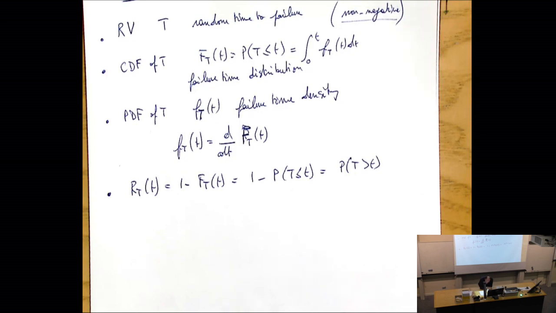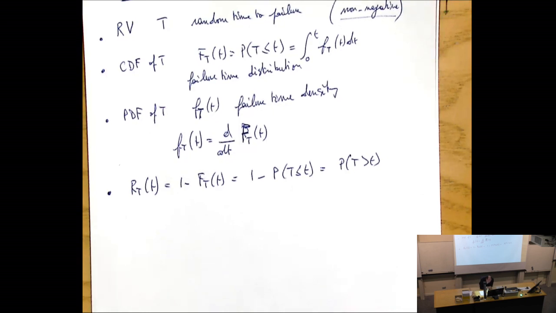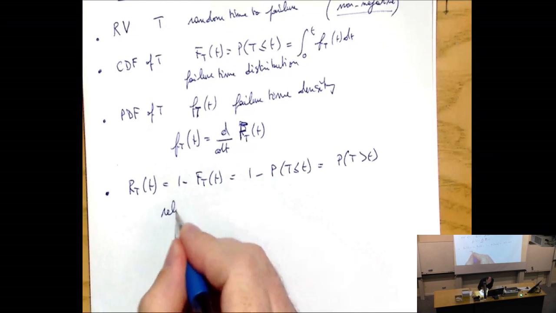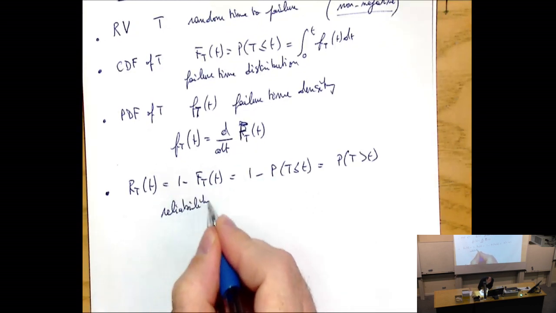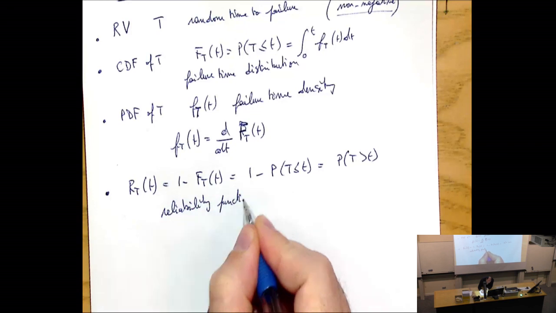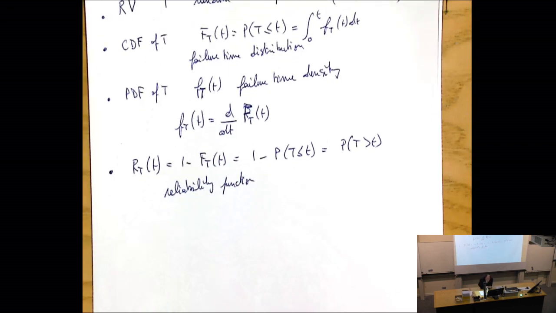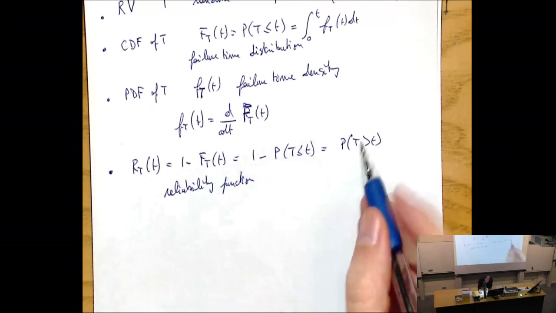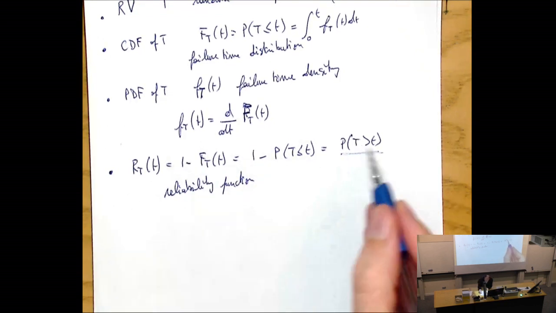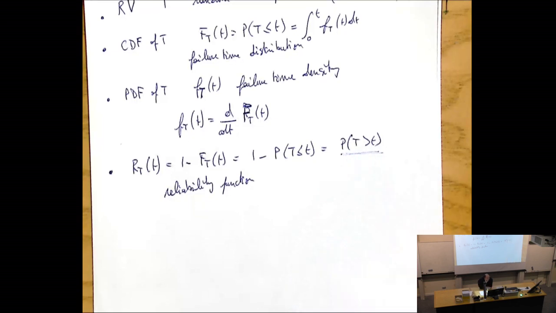And so this is called the reliability function. It's nothing else than the complement of the CDF. Okay, so what this means, the probability that T still is larger than t, so essentially the probability that the component is still functioning at time t.